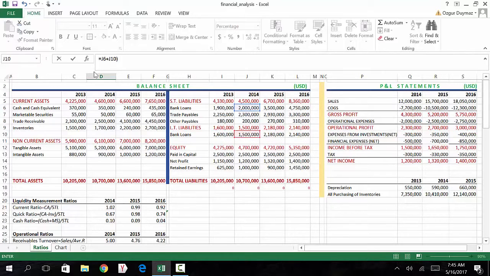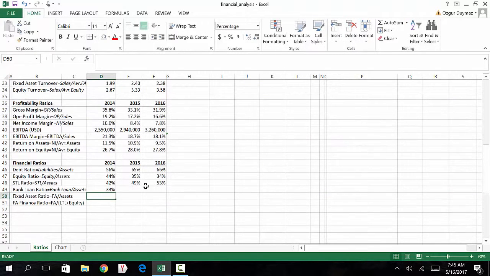Total bank loan divided by total assets. 43% of the assets were financed by bank loans. It's an incredible ratio.